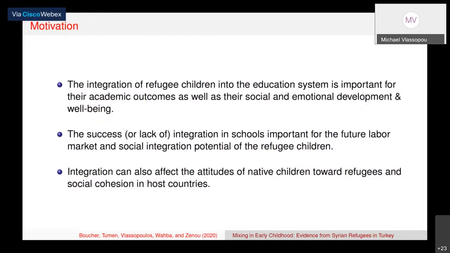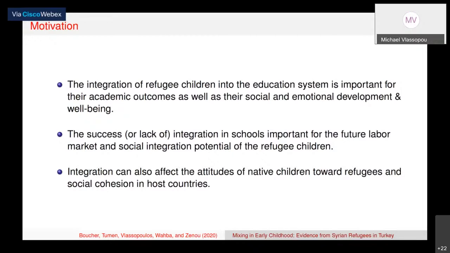So whether the refugee children are successfully integrated into the school system is important for their future labor market prospects, and more widely for their social integration into the host country.